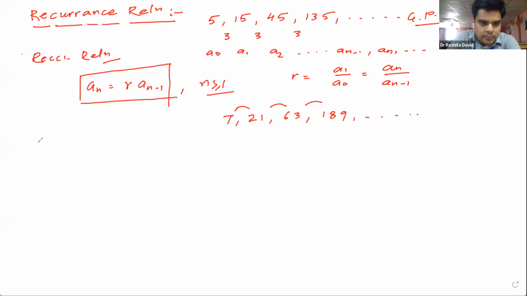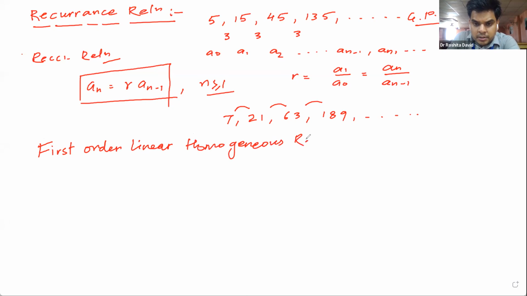Now, I am talking about the first order linear homogeneous recurrence relation. So what is first order?